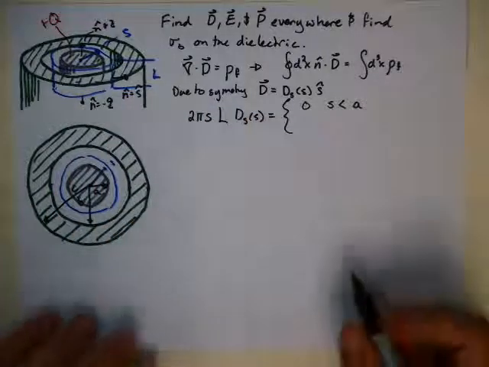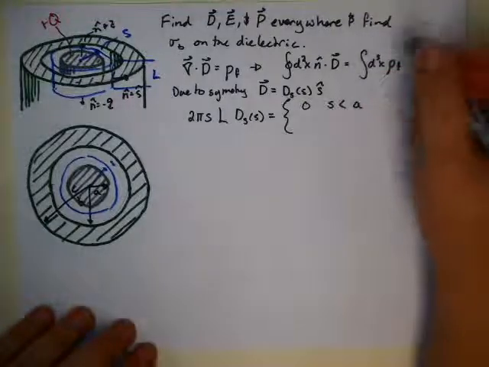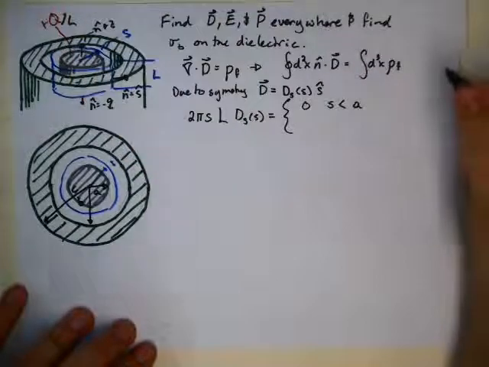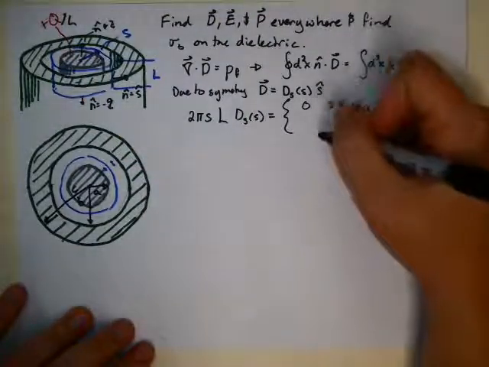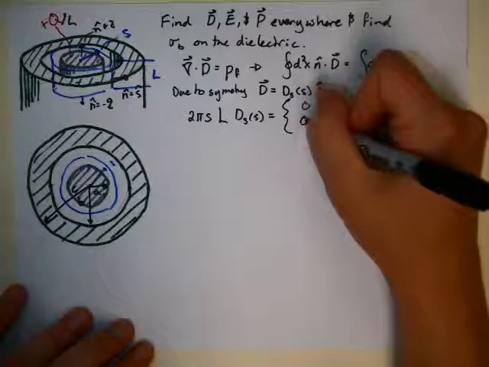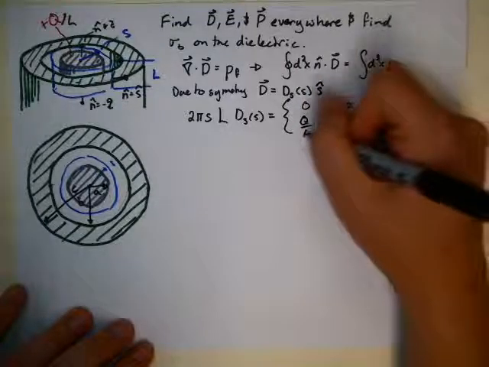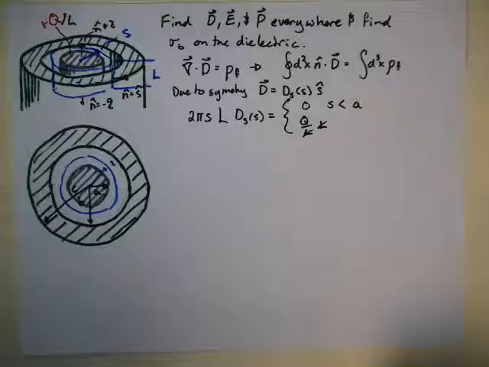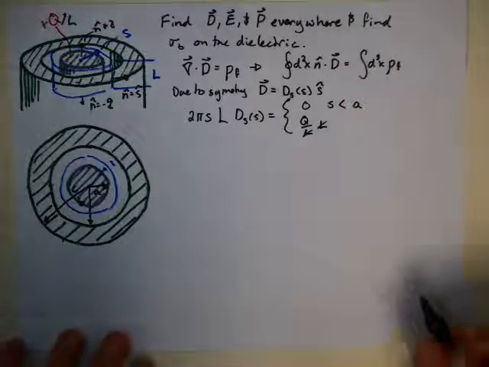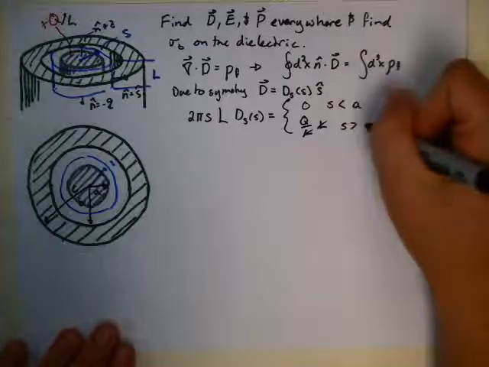On the other side we have the charge per unit length times the length, for s greater than a.